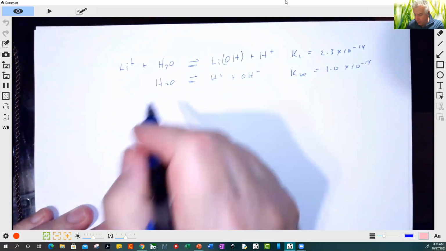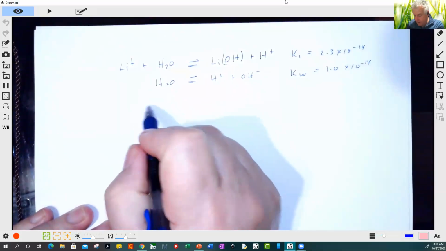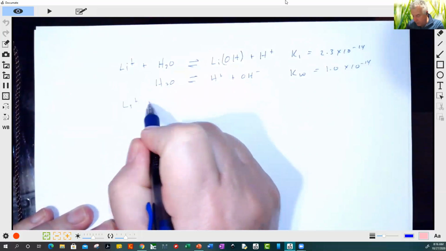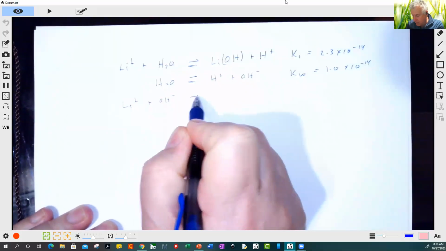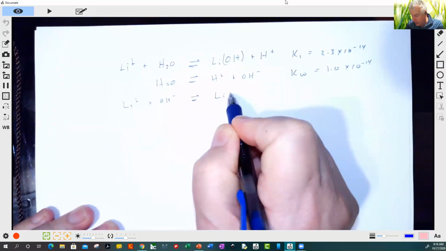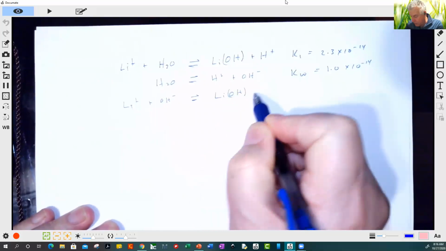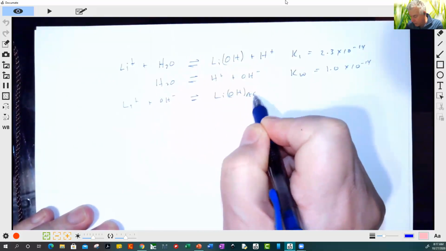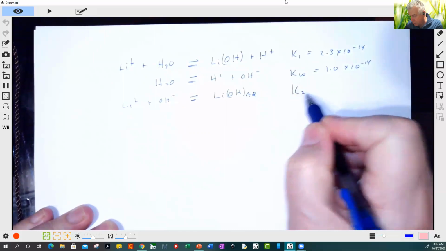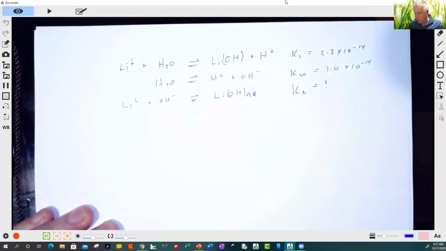What we want to find is Li plus OH minus makes LiOH aqueous. This is K2, and it's equal to something, right?